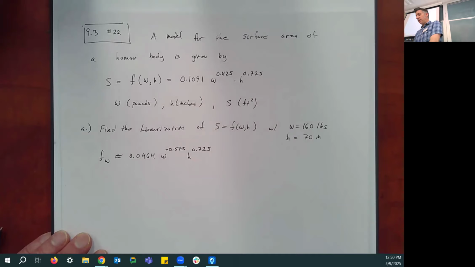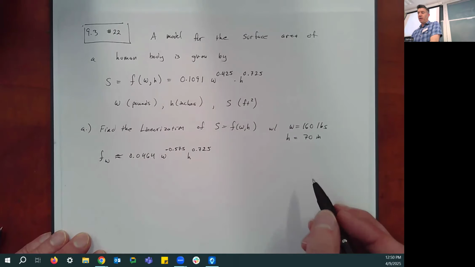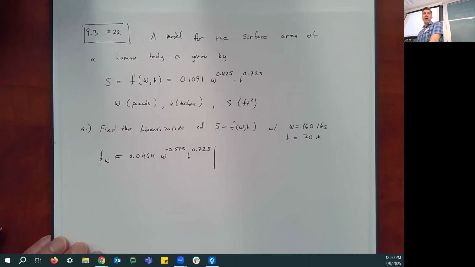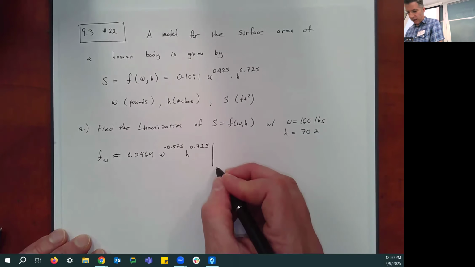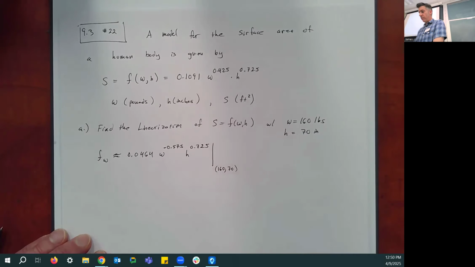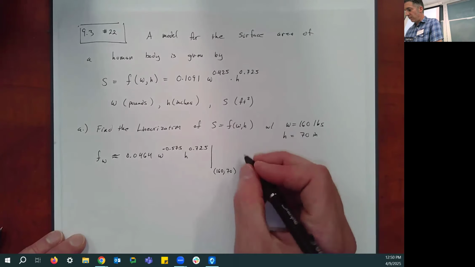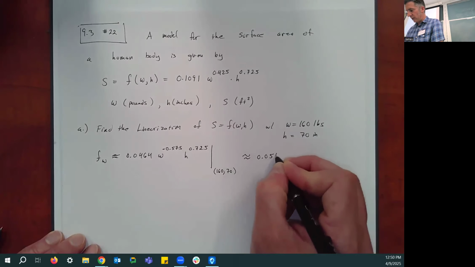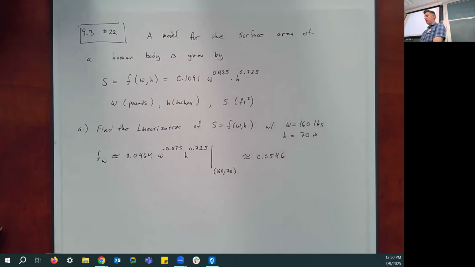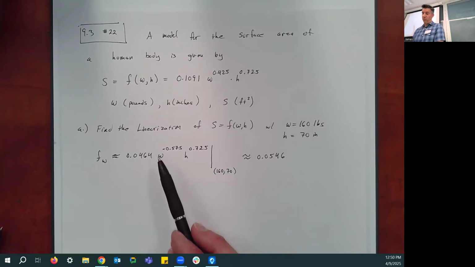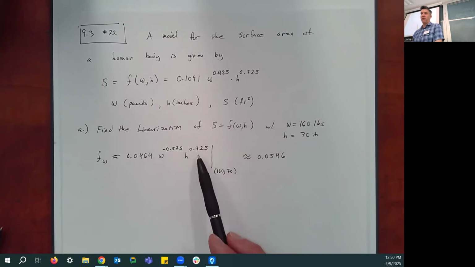Instead of writing parentheses with the points, we write a vertical line to show we're evaluating at a weight of 160 and a height of 70. If you plug those in, you get approximately 0.0546. You could pull out the calculator and do it, it's going to be gross: 0.0464 times 160 to the negative 0.575 times 70 to the 0.725.